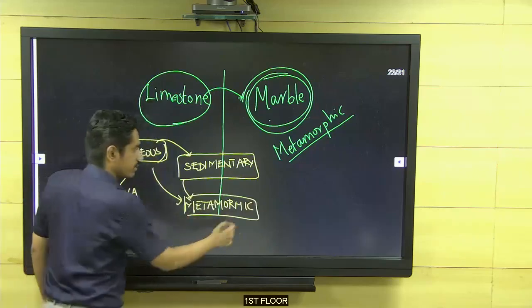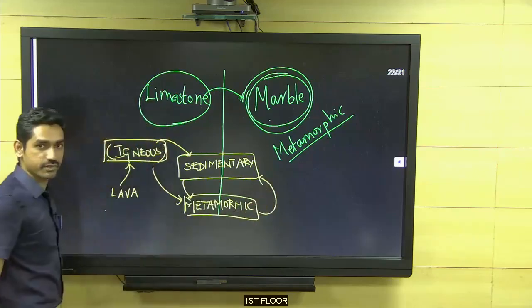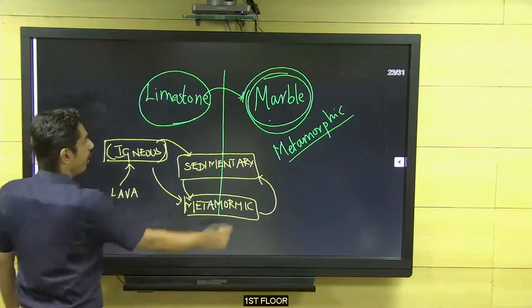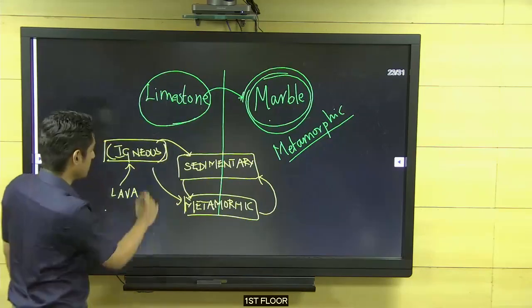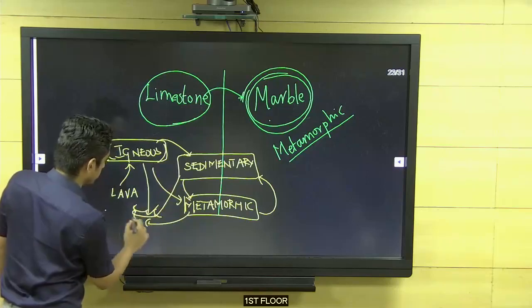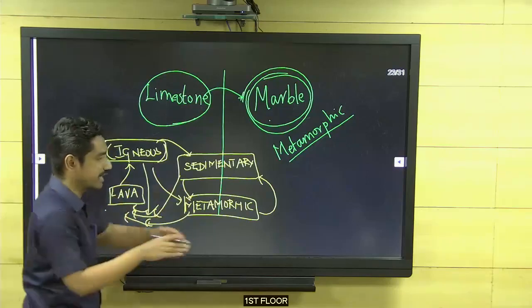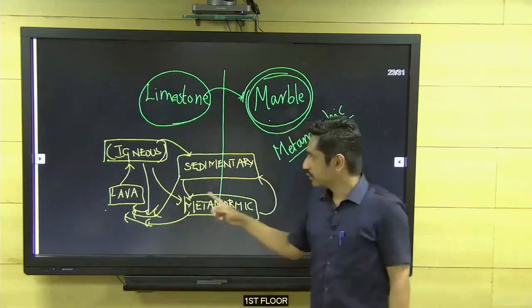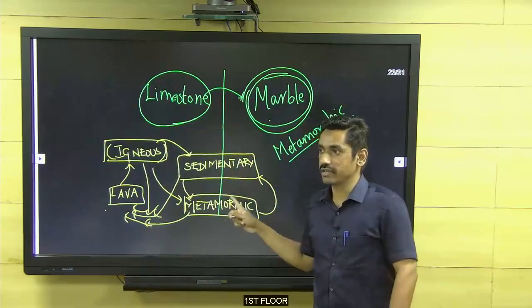Metamorphic rock can be broken. Again, you can have sediments forming sedimentary rocks. Is it clear? Now, all these rock structures can again become molten lava. Once they enter the asthenosphere, we will see the process. This is your rock cycle. One is interrelated with the other.